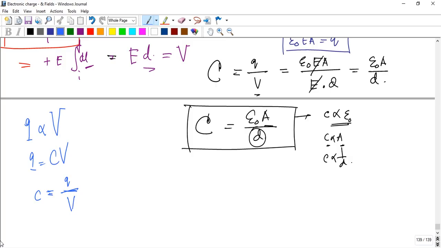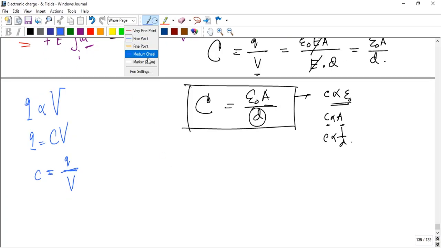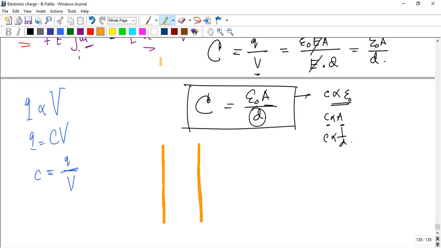Now the interesting thing is that there are two plates here.